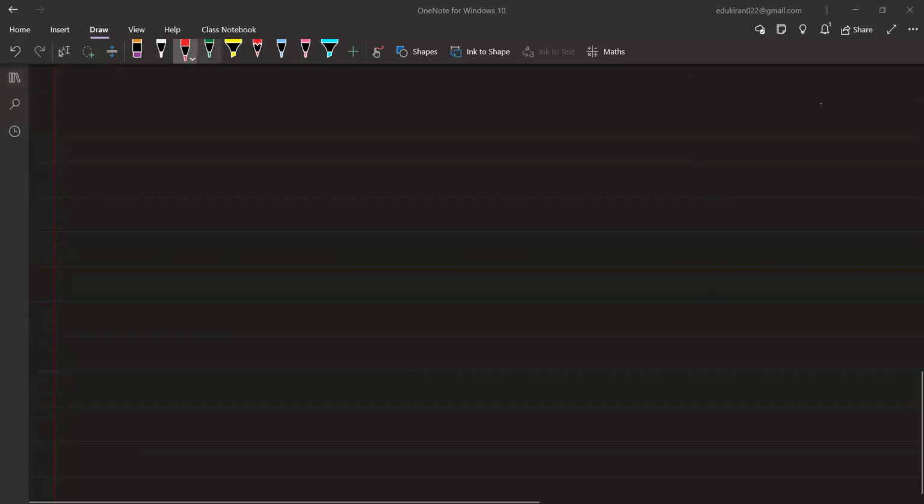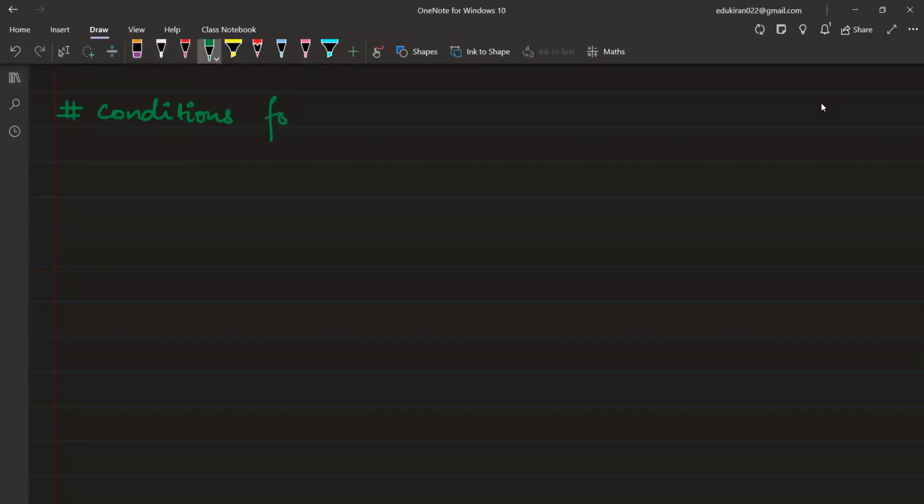That's the first topic here. This is linear combination of atomic orbitals, say conditions.